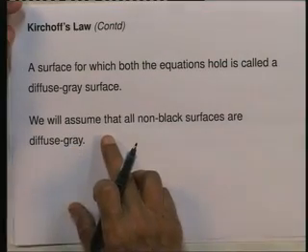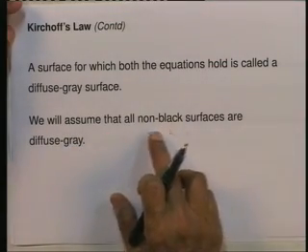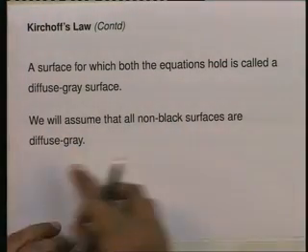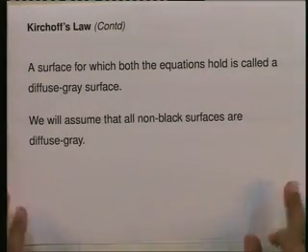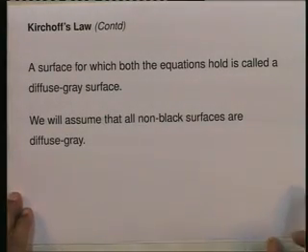We will assume that all real surfaces, all non-black surfaces that we are dealing with are diffuse gray. We will make that assumption. All right. And therefore, we will always assume epsilon equal to alpha and epsilon lambda equal to alpha lambda. It is a powerful law which will help us quite a lot in deriving formulae and simplifying our derivations as we go along. All right.